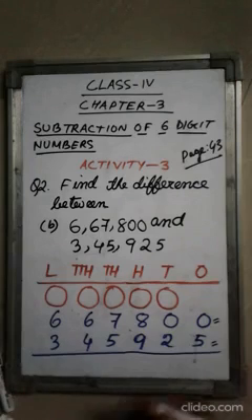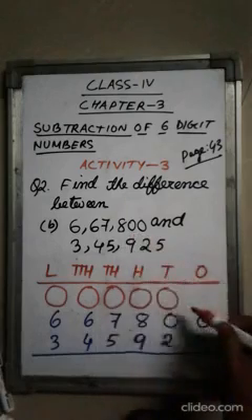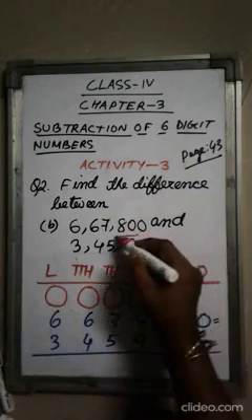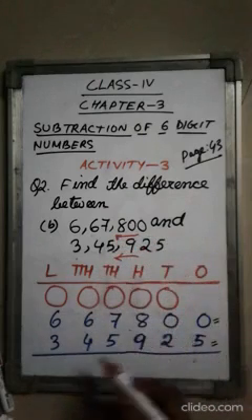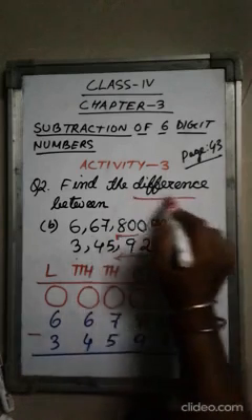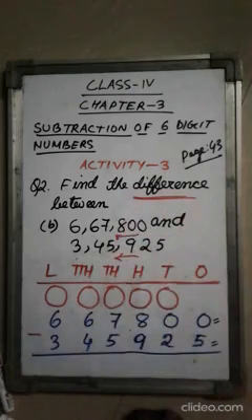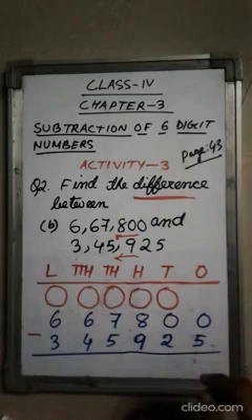As you can see here, I have drawn the place value chart, and entering the number from the back side, I have entered the numbers in the place value chart. Now we have to subtract the numbers. Then we get the difference between the two numbers. Now we will check from the ones place.